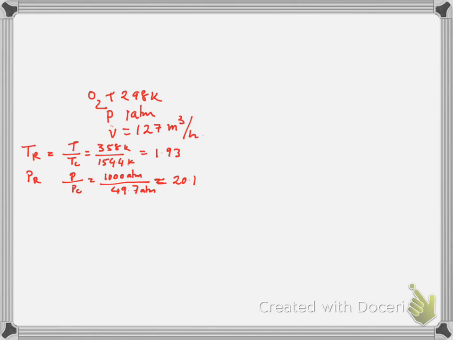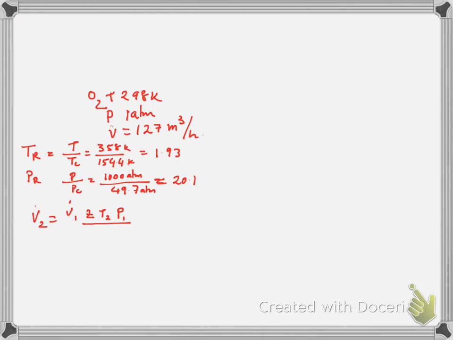So V2 equals V1 times Z2 T2 P1 over Z1 T1 P2, where Z1 is 1 actually in this case.